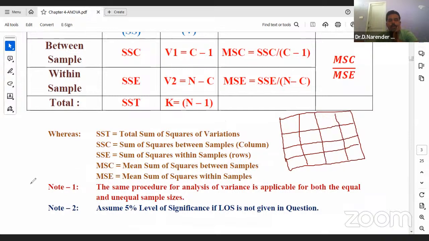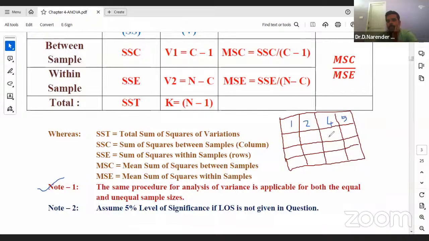Note number one is important here: the same procedure for analysis of variance is applicable for both equal and unequal sample sizes. For example, the question will be like this. This is a table: 1, 2, 4, 5. They will give numbers according to their wish.